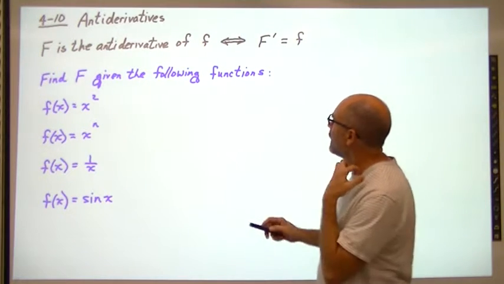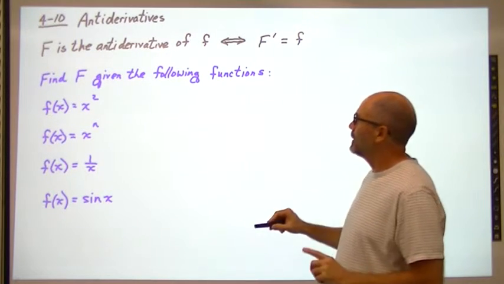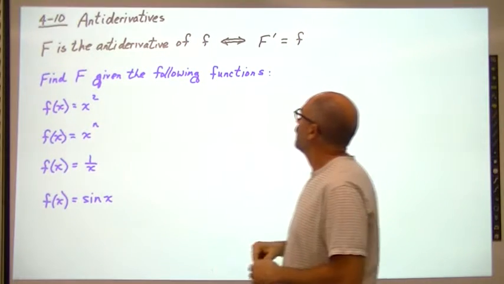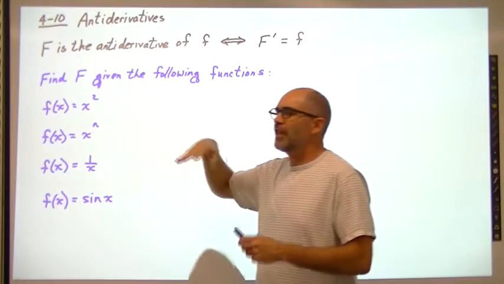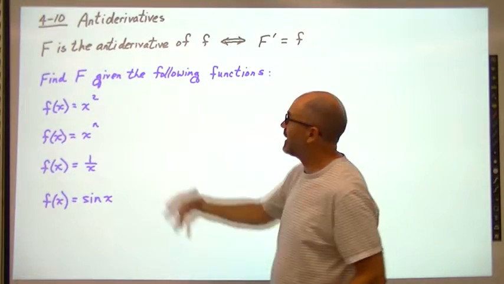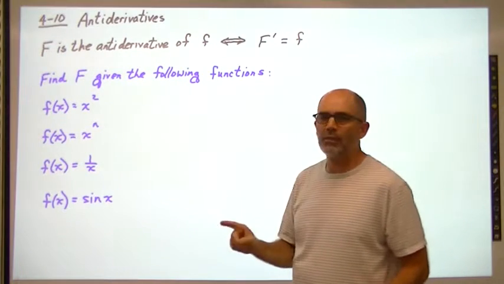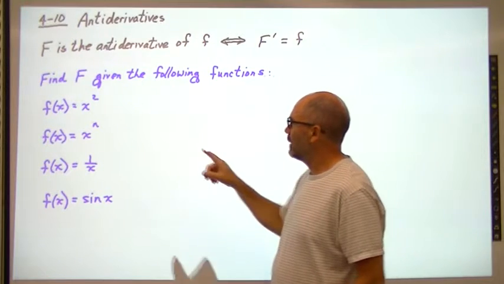Okay, so here's the deal. We just have to think backward. So, if we have a function x squared, we want a function that if we take the derivative of that, we get x squared. So we want the antiderivative of x squared. Well, think about how you get a derivative.